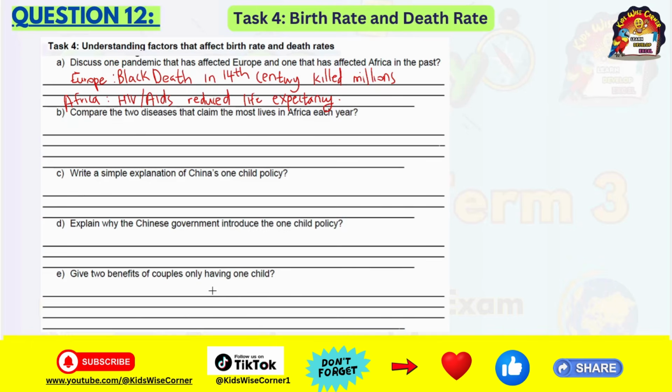Compare the two diseases that claim the most lives in Africa each year. So the two diseases that have claimed most lives in Africa each year is HIV and AIDS and malaria.